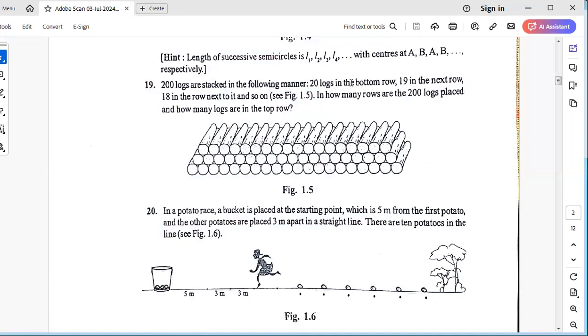And 20 logs are in the bottom row. There are 20 logs. 19 in the next row. That means in the second row, 19 logs are there. And next 18 logs in the third row and so on. In how many rows are the 200 logs placed? And how many logs are there in the top row? So that is the problem.